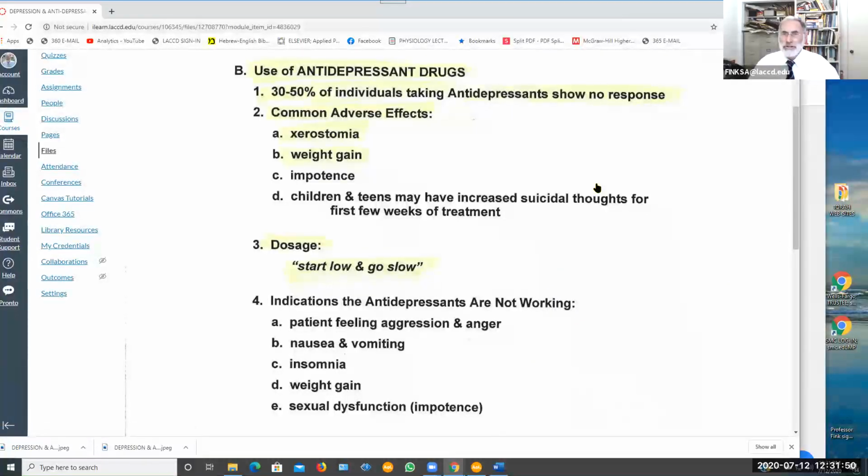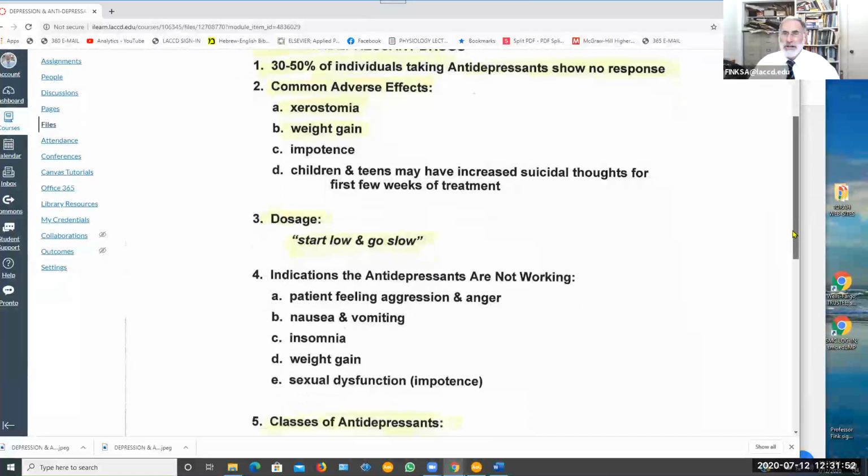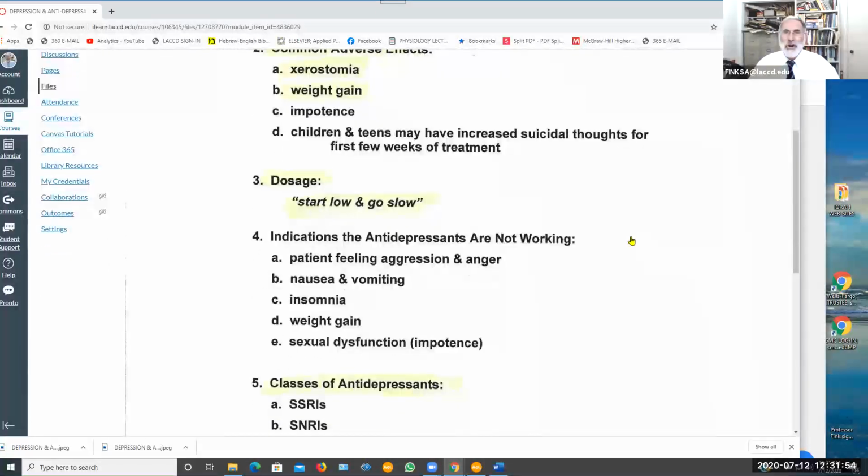Now, the general approach used with antidepressant medications is to start low and go slow. In other words, they start with a low dose. Most antidepressants require a couple of weeks before you start to see an effect, if you even do see an effect.